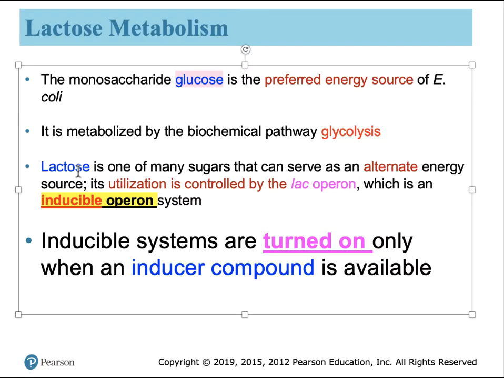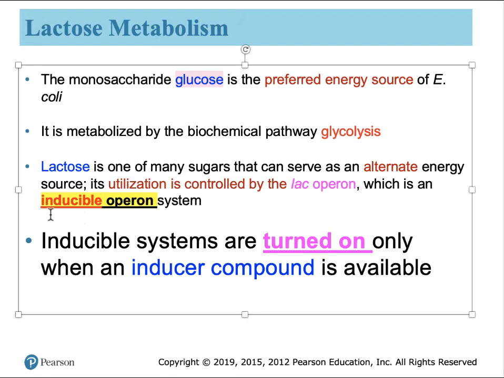Alternatively, lactose is another sugar that can be used to drive the production of energy for bacteria. And the enzymes that allow lactose to be fed into the glycolysis system are made by the lac operon, and that is only turned on when necessary.